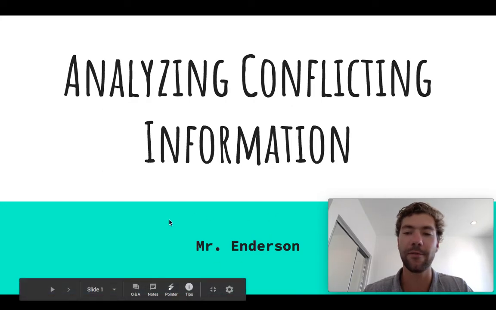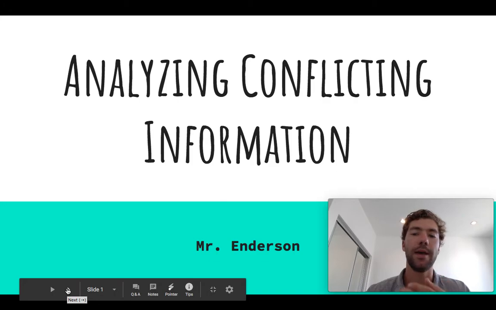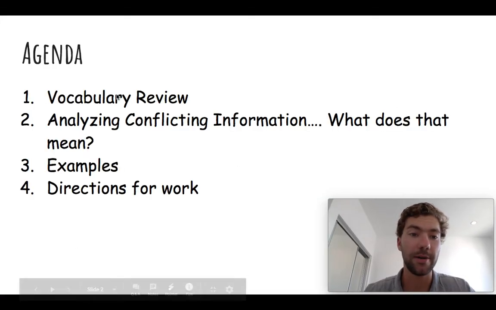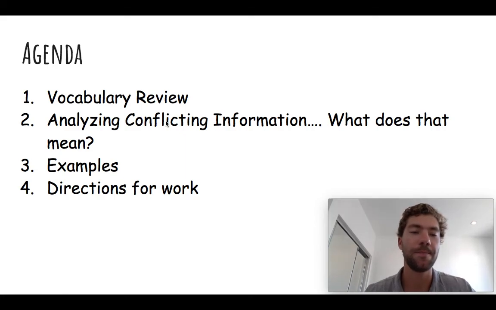Analyzing conflicting information. Okay, that's what we're going to be talking about today. I know that phrase sounds really complicated and really hard, but I'm going to break it down so we can understand what it means. First, a little bit of vocab review. These are all words that you've seen before, but I'm going to review them so they're fresh in our minds.